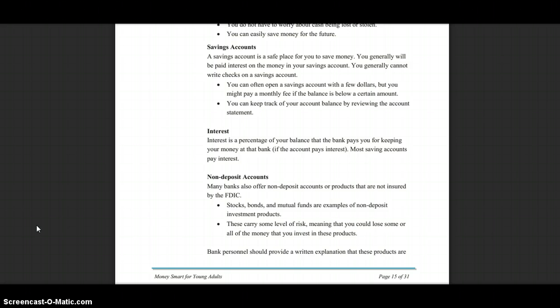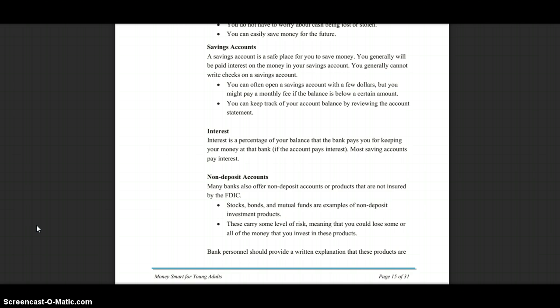Non-deposit accounts. Many banks also offer non-deposit accounts or products that are not insured by the FDIC. Stocks, bonds, and mutual funds are examples of non-deposit investment products. These carry some level of risk, meaning you could lose some or all of the money that you invest in these products.